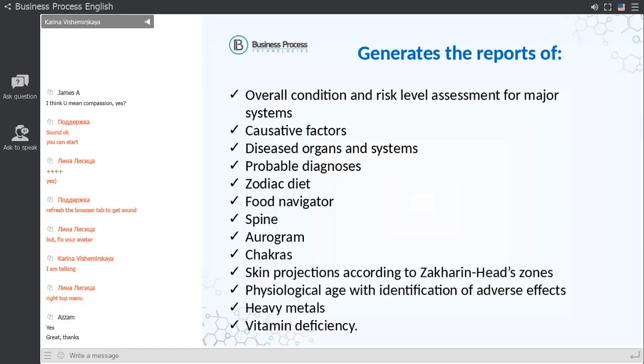You can get the reports about overall conditions and risks for major systems, causative factors, diseased organs and systems, probable diagnosis, zodiac diet, food navigator, spine, auragram, chakras, skin projections according to Zakharyin-Head zones, physiological age with identification of adverse effects, heavy metals and vitamin deficiency.